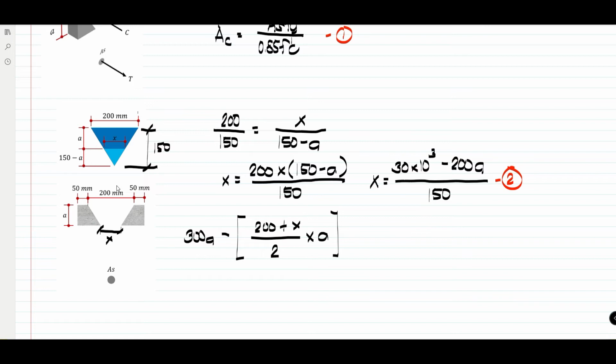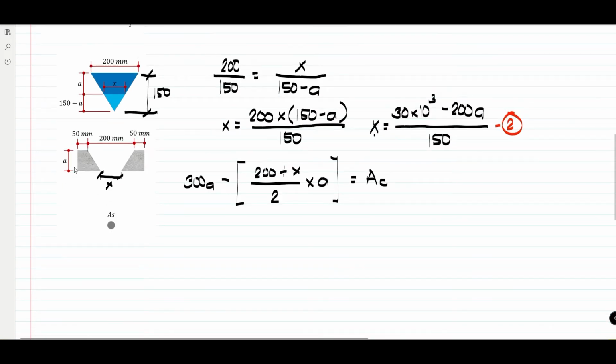So, eto ngayon yung value ng AC natin. And we can substitute yung value or yung equation 2 dito sa equation na to. So, substitute equation number 2.